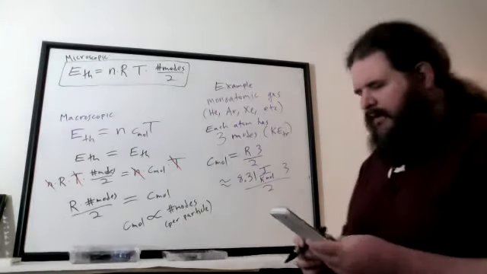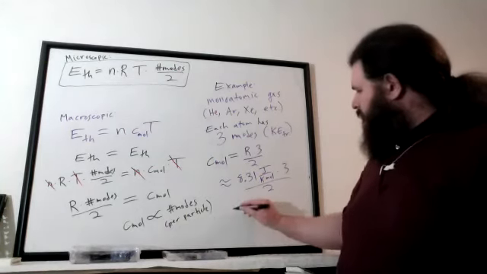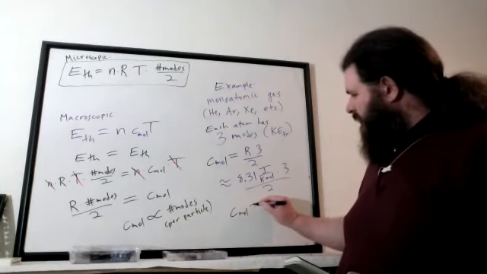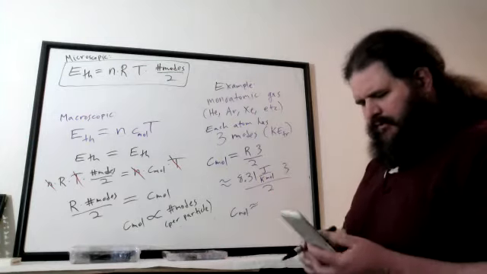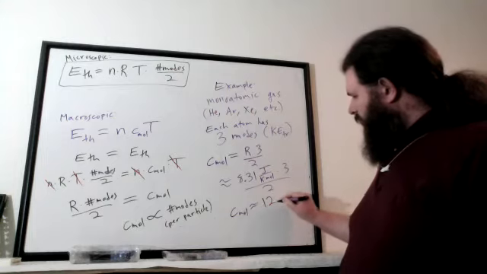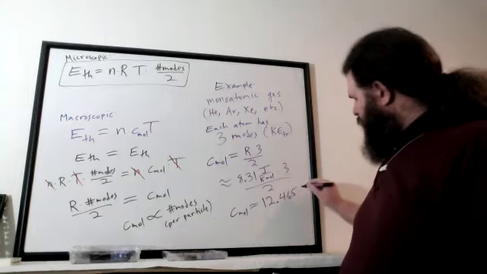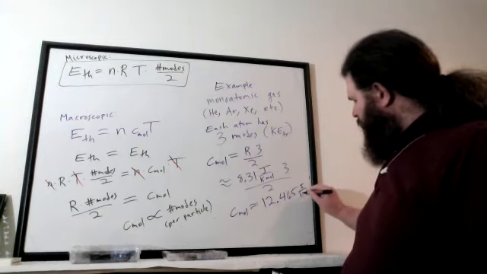Punch that into your favorite abacus or calculator. And we get molar specific heat is about 12.465 joules per Kelvin mole.